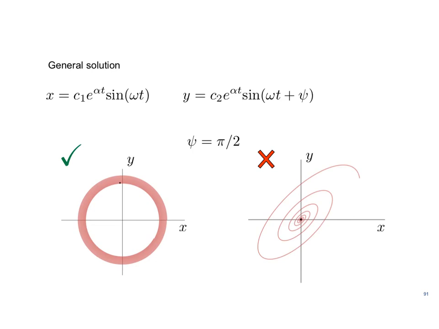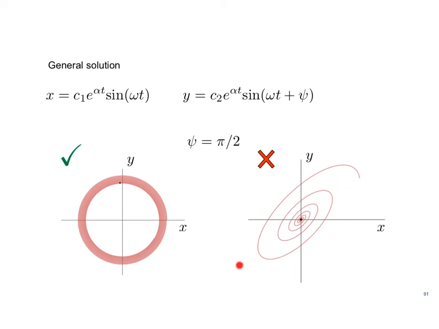Now, if this changes, for example if this is 0, and so x and y have the same phase, you will have a line, like a particle going in a line like this. So instead of rotating like this, it's going to be in a line.